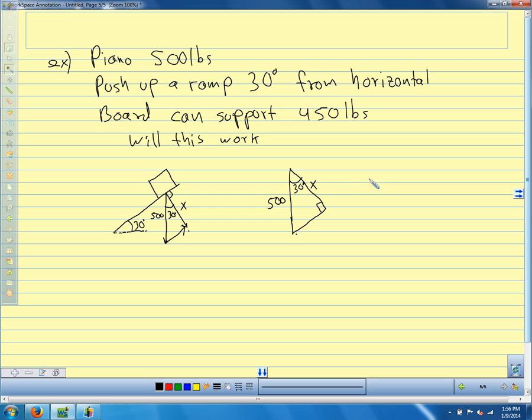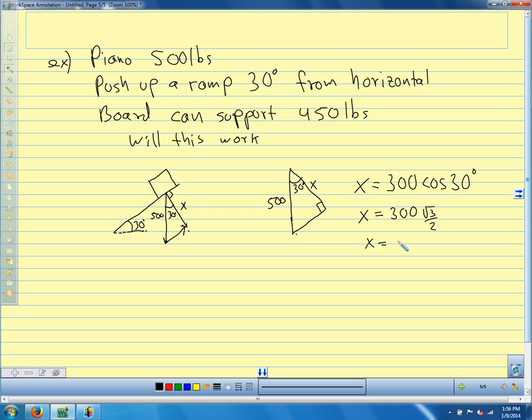So we're going to say that x equals 300 cosine 30 degrees. Cosine of 30 is the adjacent x over 500, so that gives us this. So x equals 300. What's the cosine of 30 degrees? Square root of 3 over 2, unit circle.